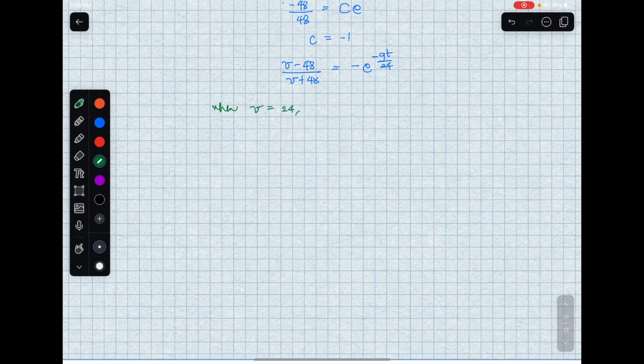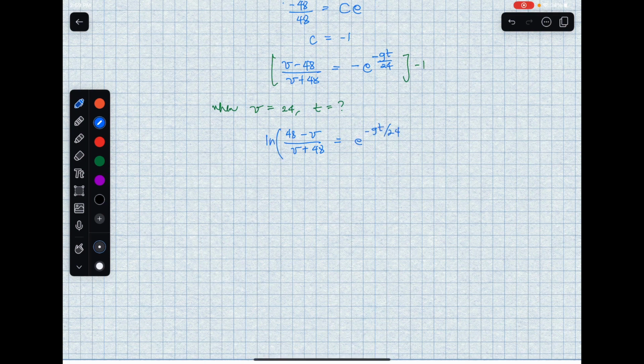When v is 24, what is the time? I need to take ln of this, but we cannot find the ln of a negative number, so we multiply this by negative 1. That would give us 48 minus v divided by v plus 48 is equal to positive e raised to negative gt all over 24.